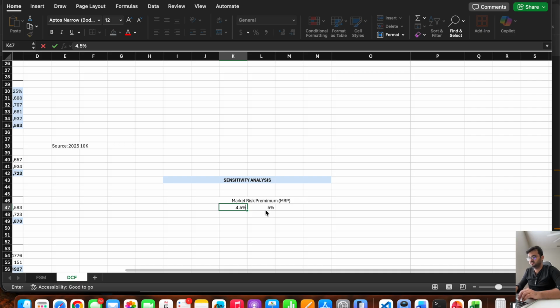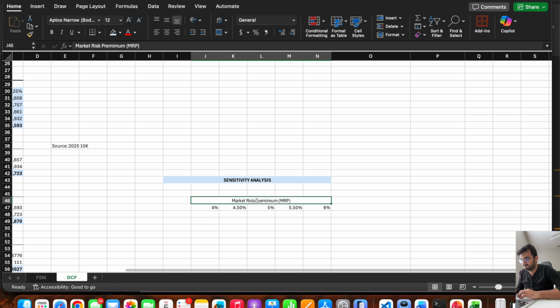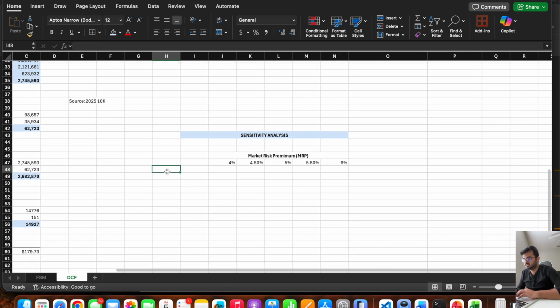I will do both sides, more than 5% and less than 5% as well. Say I'm taking two scenarios, 4.5, 5, which is the actual value I took, then 5.5 and 6%. Now let's plug in all these numbers. Then the next one, as I mentioned, I will take is terminal growth rate.